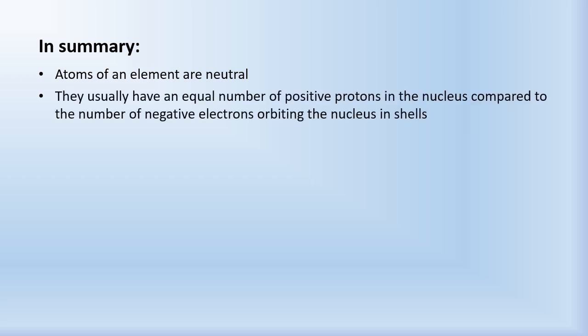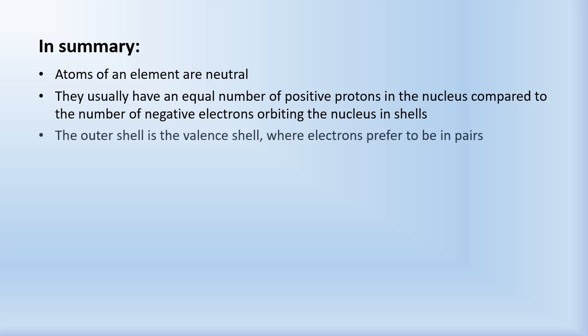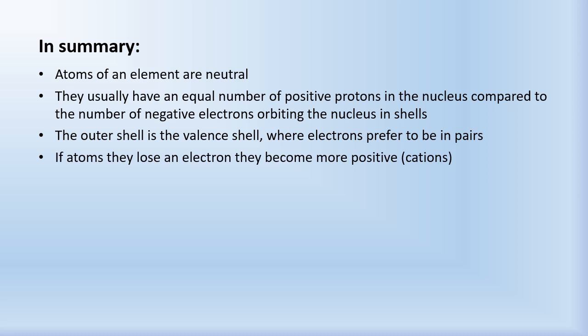So in summary, atoms of an element are electrically neutral because they have an equal number of electrons and protons. The outer shell is known as the valence shell, and electrons in the valence shell prefer to be in pairs. In atoms, if they lose an electron, they become more positive. They become cations, like our Na+ or K+.